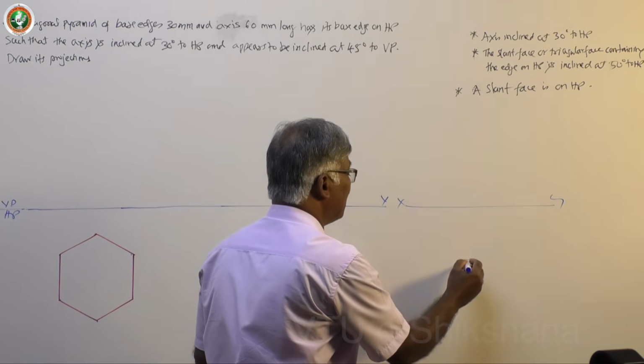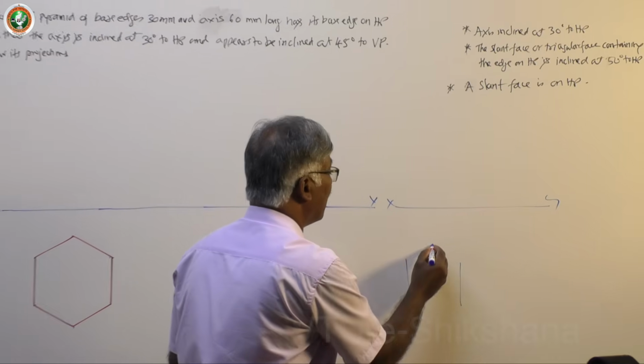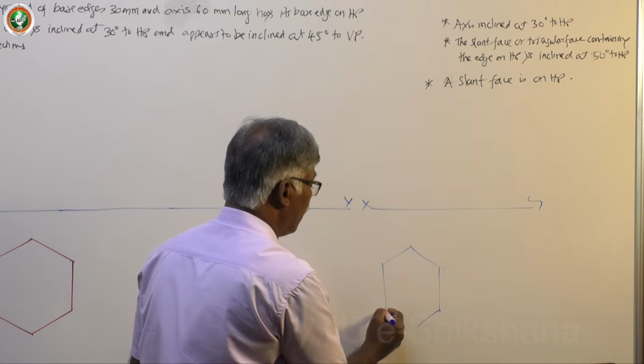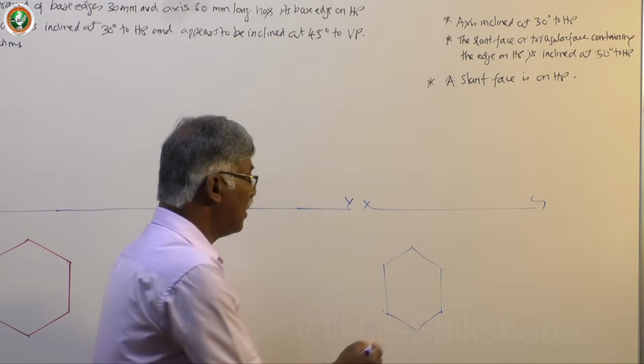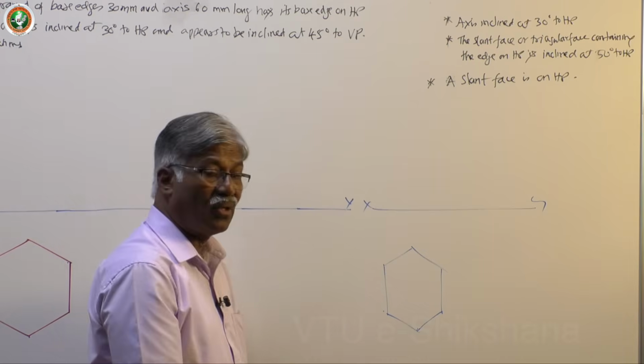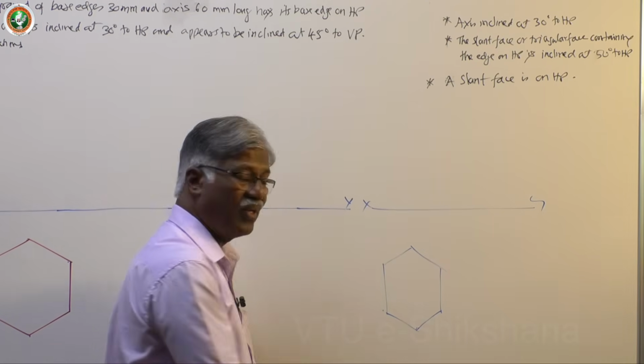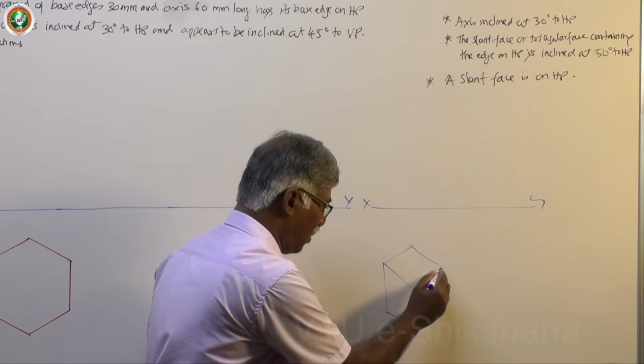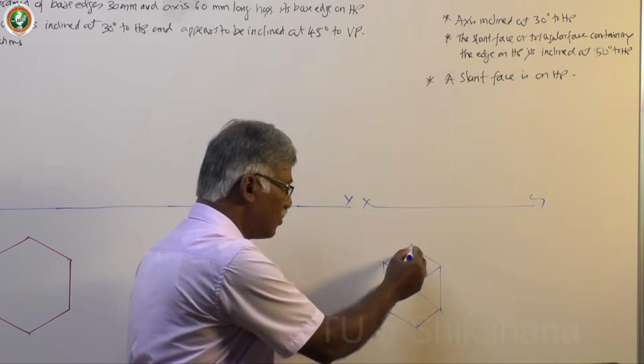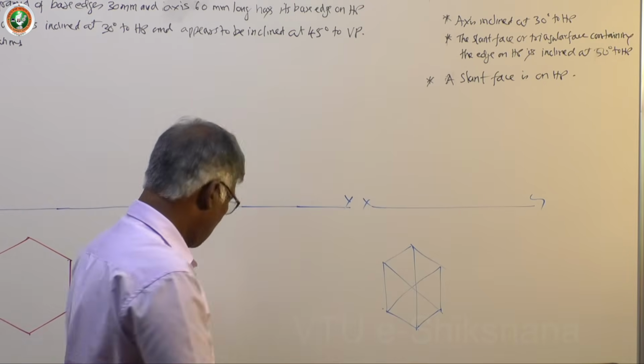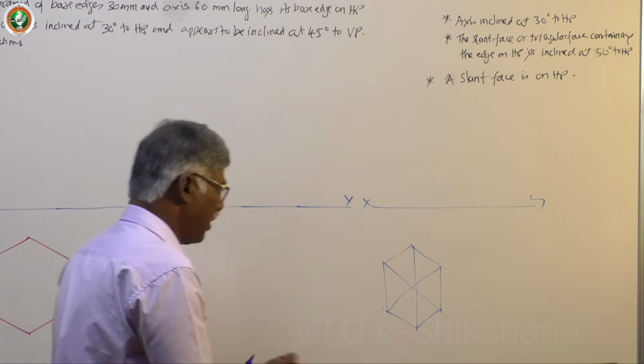Now, for the edge condition, I assume that I have the top view like this. Now, how to darken this? What are to be darkened? Actually, you have to draw this and also this. Fine. Now draw dark lines for this.